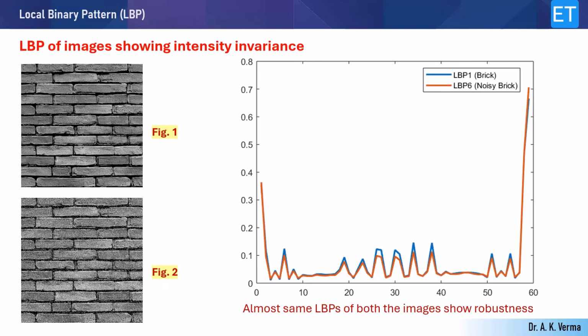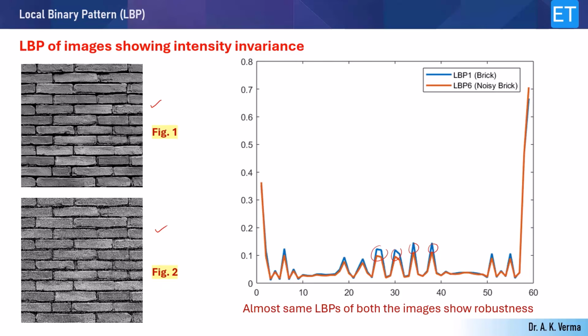So with a certain threshold, we can do the proper classification. Now consider the last case. Here again the same images, but the second one is corrupted with salt and pepper noise. Again we get almost similar LBP with some changes in the values. That shows some kind of robustness against noise.